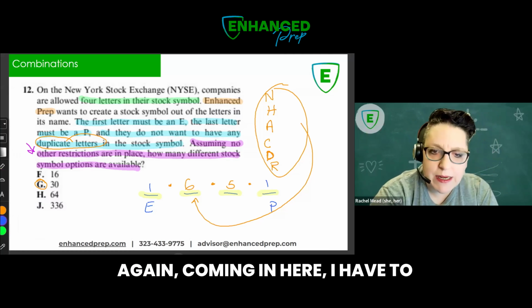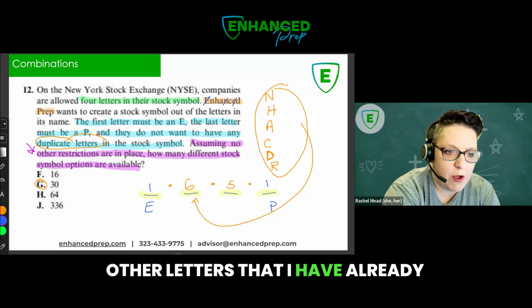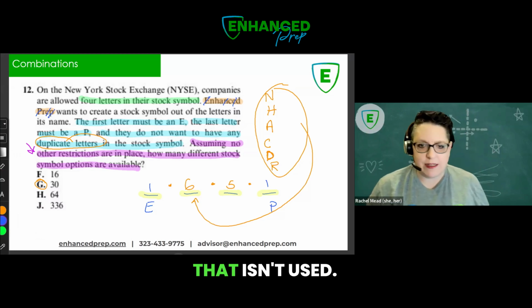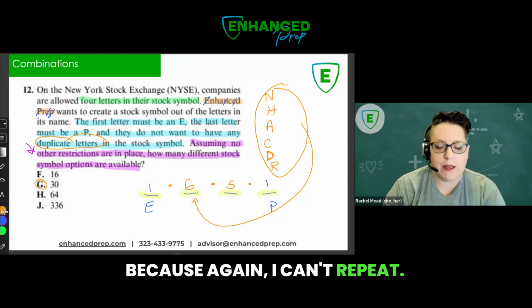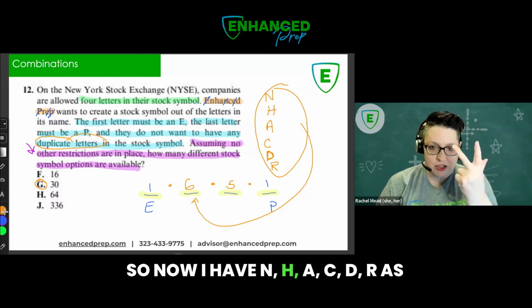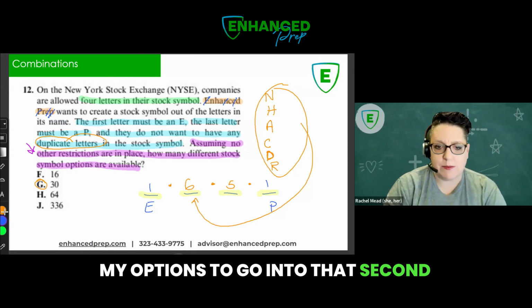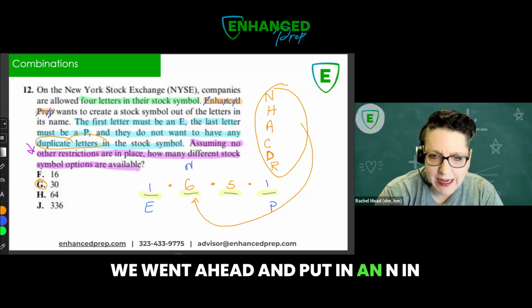So again, coming in here, I have to make sure that I am ignoring any other letters that I have already used. So I'm getting rid of everything that isn't used. I had to eliminate one of the N's because again, I can't repeat. So now I have N, H, A, C, D, R as my options to go into that second spot. But let's pretend for a minute that we went ahead and put in an N in here.